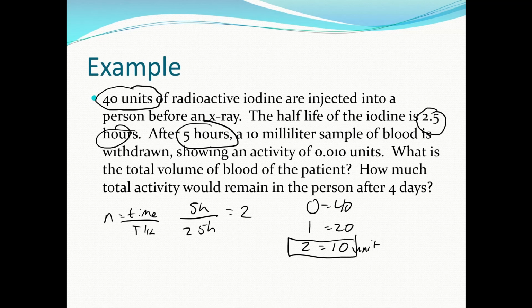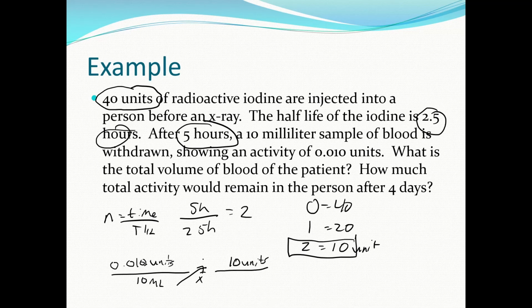And this part of the question here is a little bit tricky. So they want to know how much blood is in the patient. So they found 0.010 units in the person, but that was only from a 10 milliliter blood sample. So what you can do is you can sort of do a cross multiply and divide here. We know that they have a total of 10 units in their body.